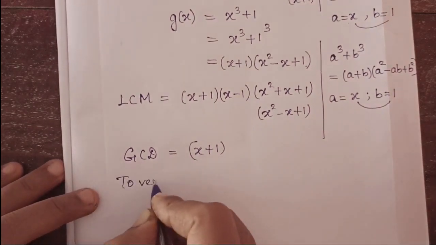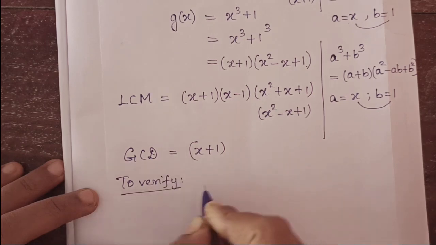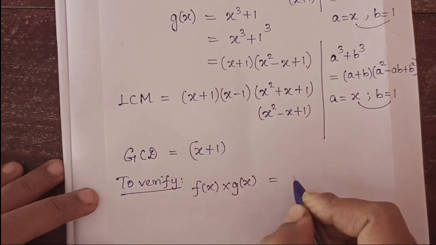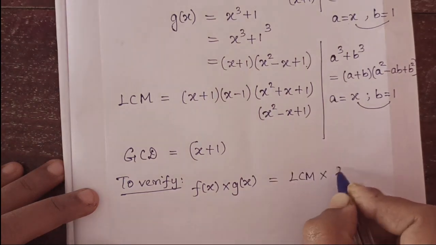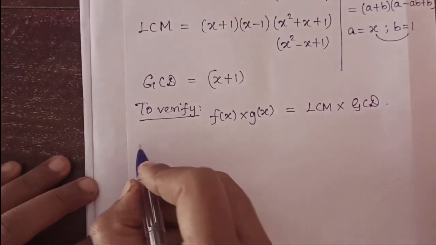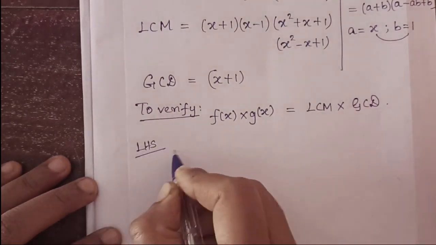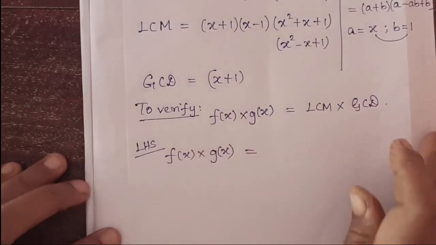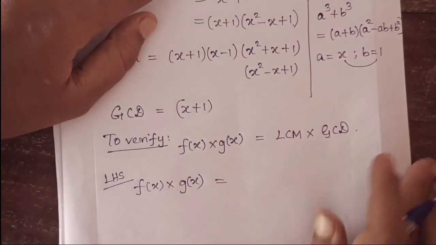What is the thing we need to verify? To verify, we need to write the formula now. f of x into g of x is equal to LCM into GCD. First we need to find the LHS value. So LHS is f of x into g of x. The f of x value we already factorized, you know.